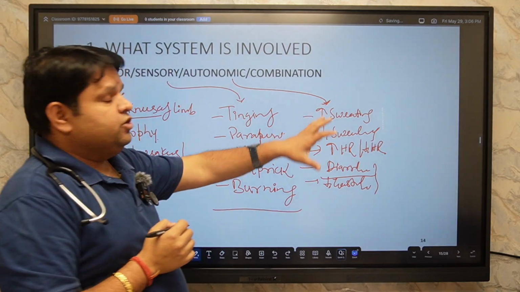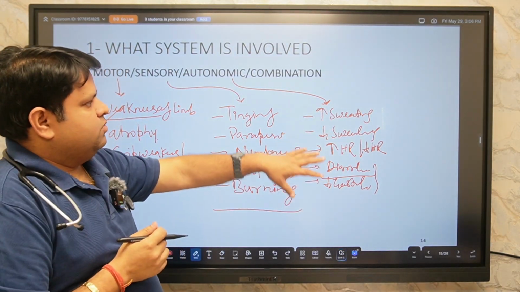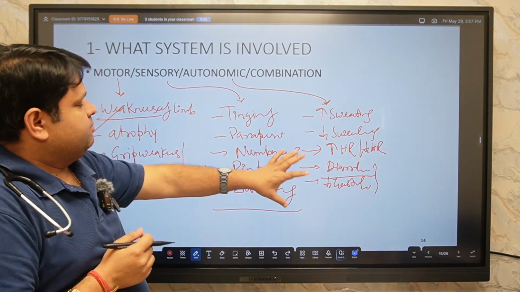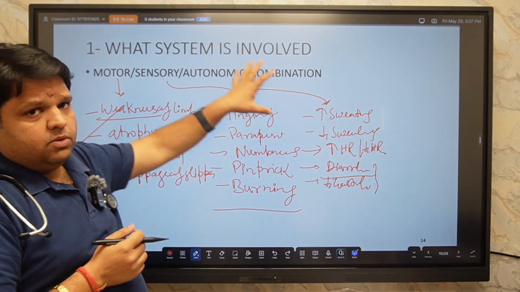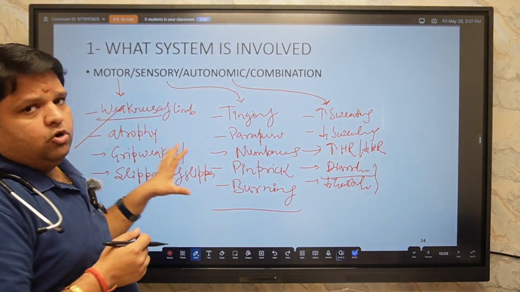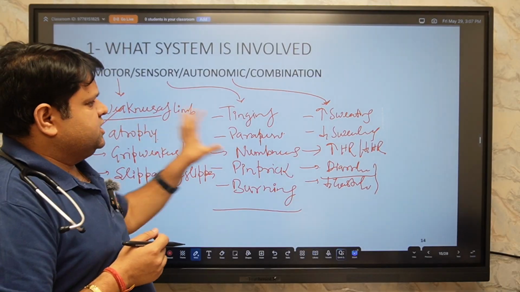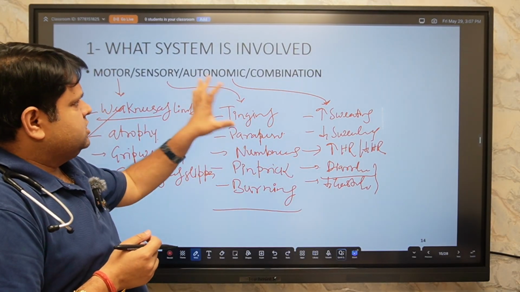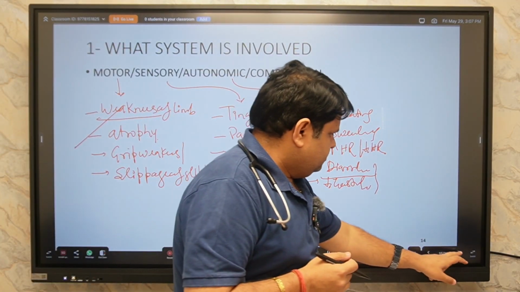In addition, urinary problems and erection problems are symptoms of the autonomic type of neuropathy. So what system is involved? Either pure motor, pure sensory, or mixed, a combination of motor, sensory and autonomic. So this is all about the symptoms of motor and sensory neuropathy.